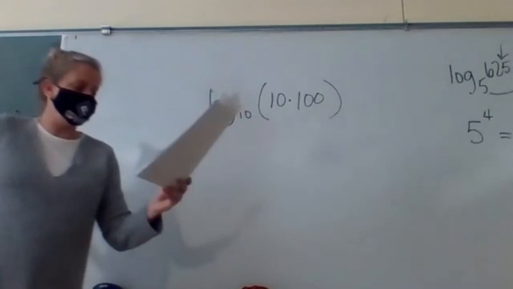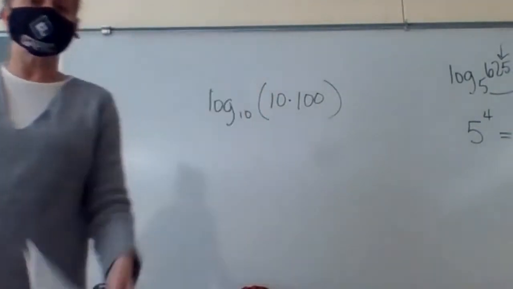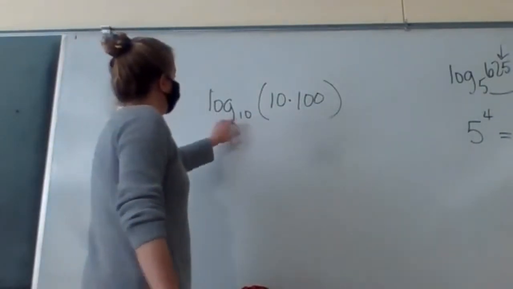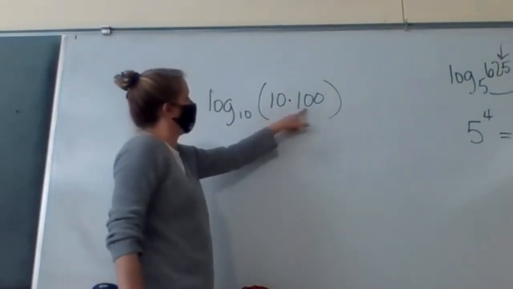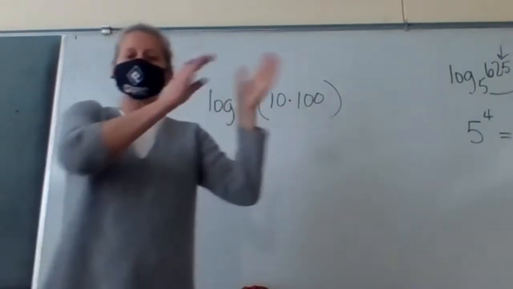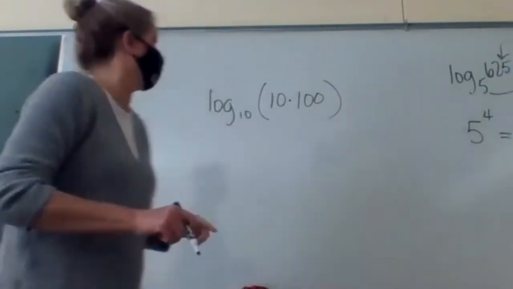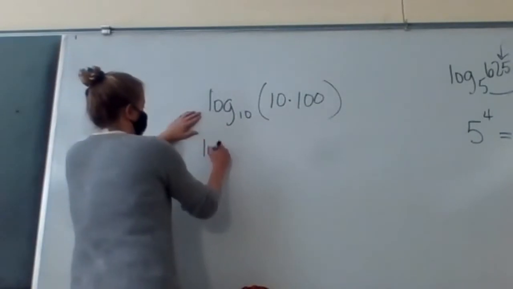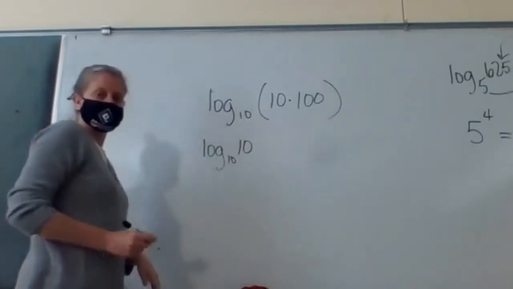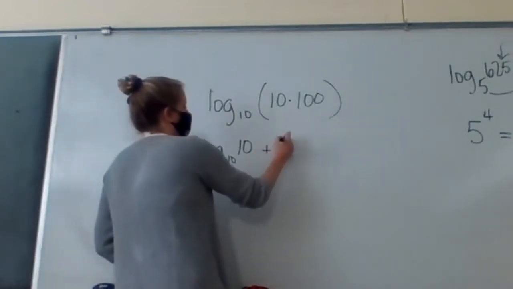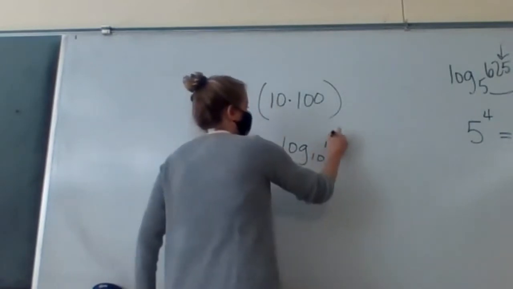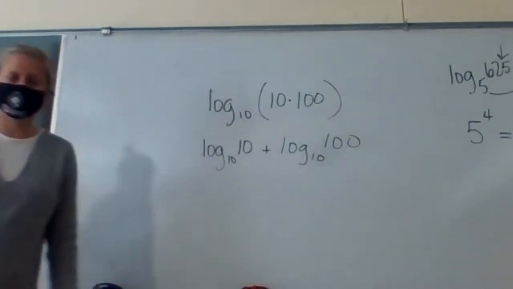And it just wants me to rewrite this as a sum of logarithms. So remember, if you have one log and it's written as a multiplication, you can rewrite that and add those two logs together separately. So this will be the same thing as log base 10 of 10 plus log base 10 of 100.